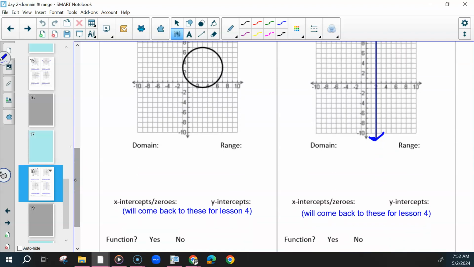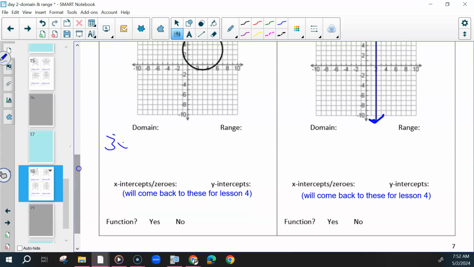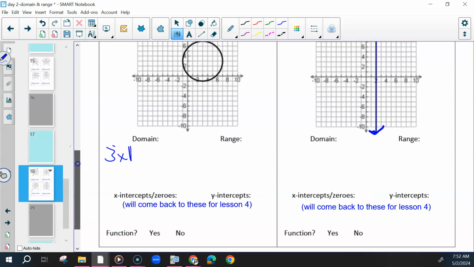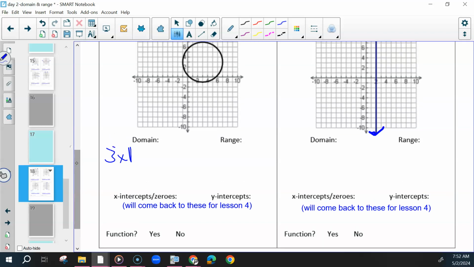So in this example, we have endpoints. It doesn't keep going on forever and ever. So for our domain, starts off the same, curly brackets, x, the line. Where does this start? Is that the furthest point from the left? -1.